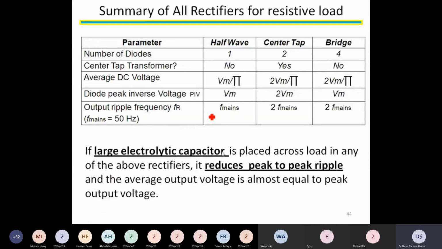And if I can draw over here, what we mean is that in a half wave rectifier, our cycle is from 0 to 2 pi. But in the center tap transformer case, it is 2 times the frequency because the cycle repeats itself in both these cases. Therefore, the output ripple frequency is 2 fm, or twice the main frequency.